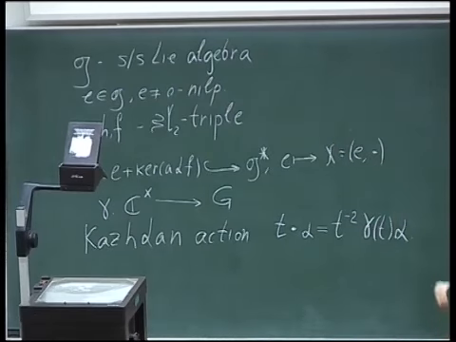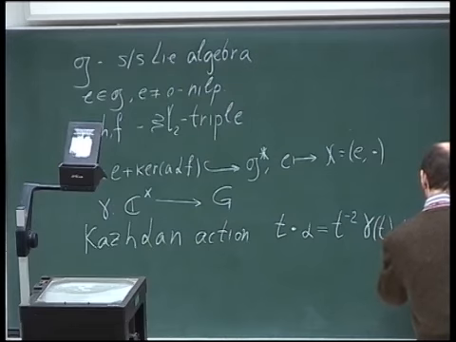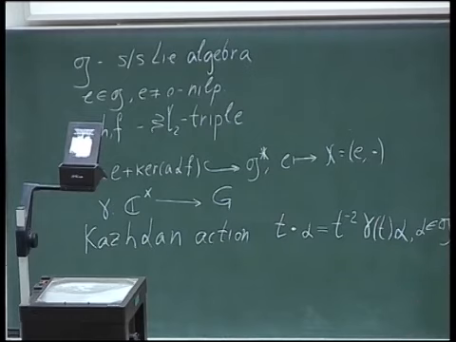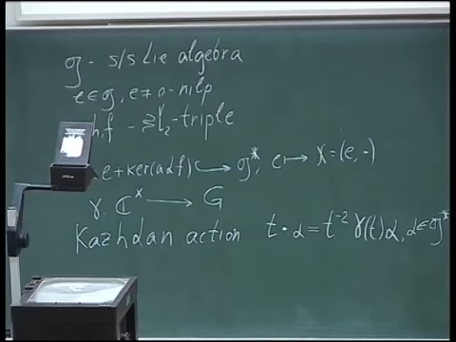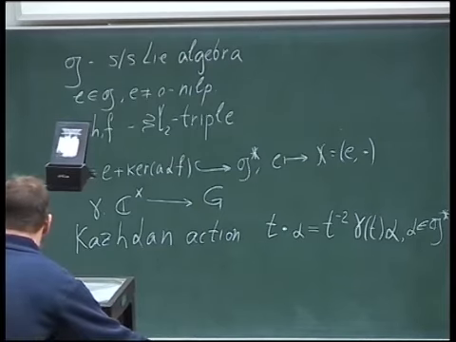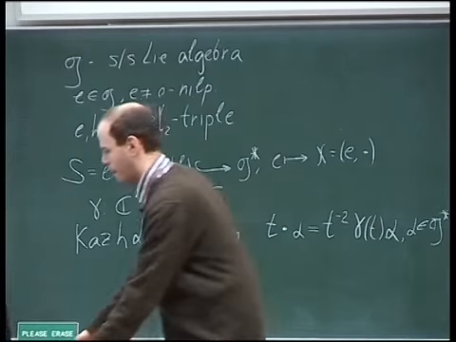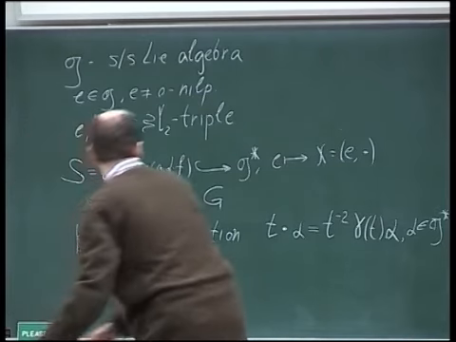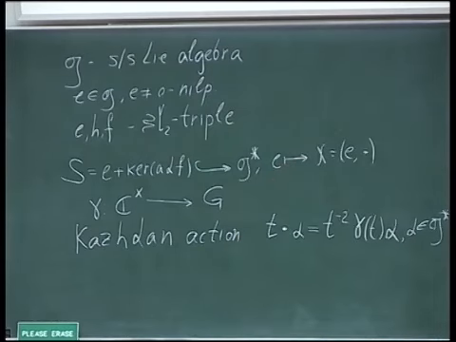Here alpha is in G dual. And this action gives rise to a grading on the Losev slice, and this grading is positive.